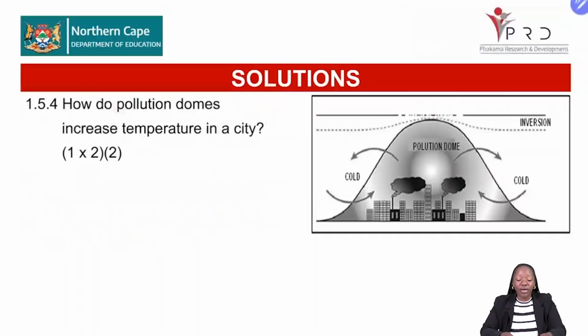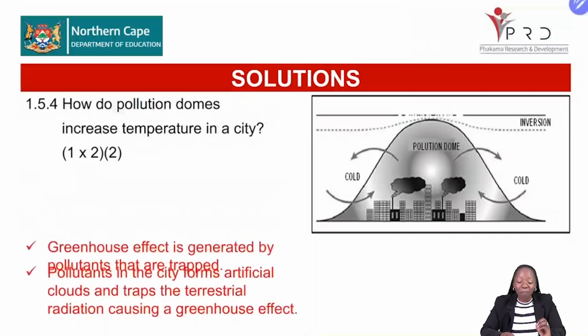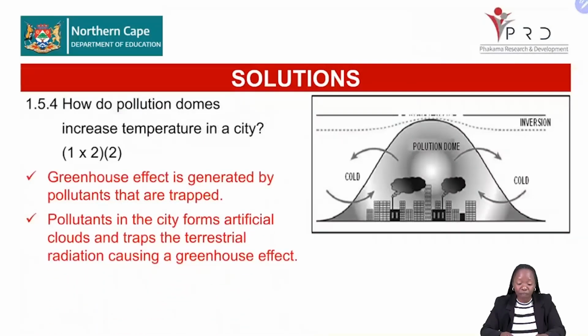Then we're looking at our 1.5.4. How do pollution domes increase temperature in a city? Remember, we talk about the activities and the number of cars in the cities. So number one, the greenhouse effect is generated by the pollutants that are being trapped.